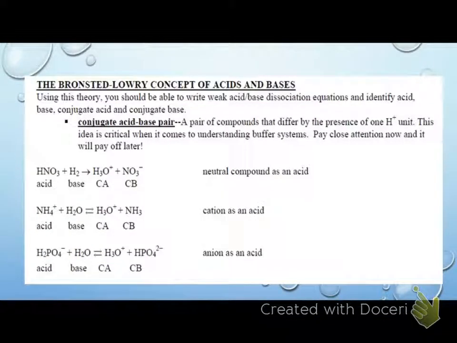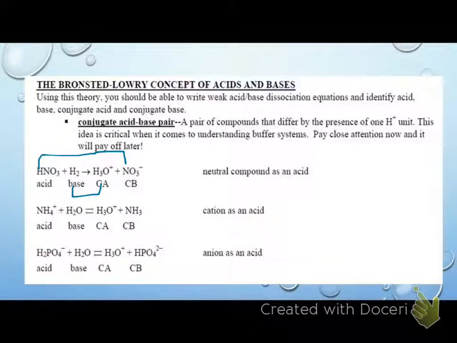So the Bronsted-Lowry, if you remember from Chem 1, is the one where we have conjugates. You have a conjugate acid and a conjugate base. So an acid has a conjugate base. It's basically what's left over after the acid donates its hydrogen. And then the conjugate acid of a base is what's left over after a base accepts a hydrogen. And so here we have some examples of your acid becoming your conjugate base. These would go together and these would go together.